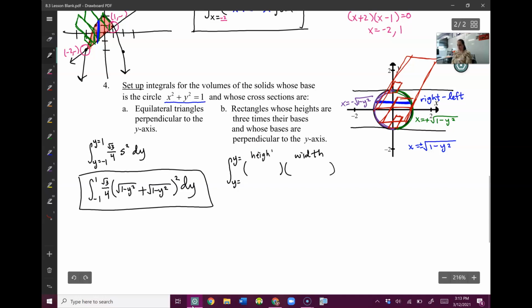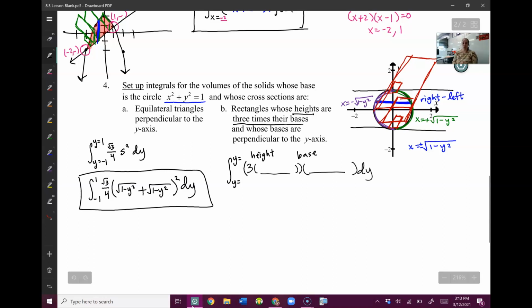Let's do it that way instead, since that's how the problem's worded anyway. Height times base, and we know the height is 3 times the base. So this height is going to be 3 times whatever the base is.